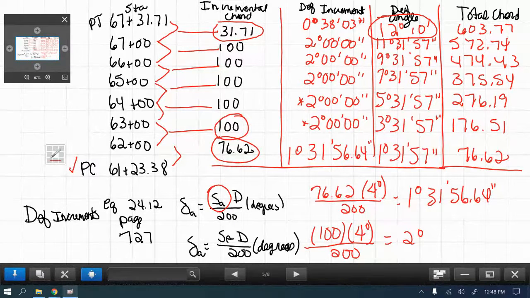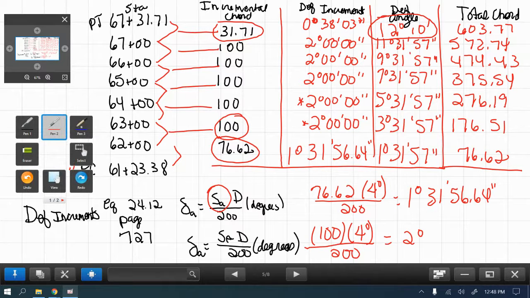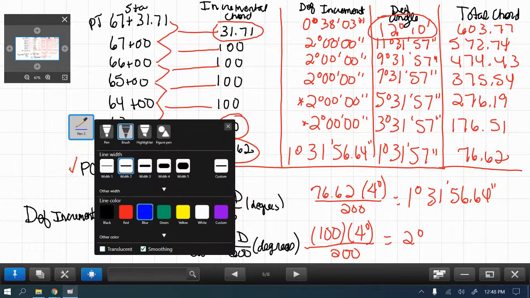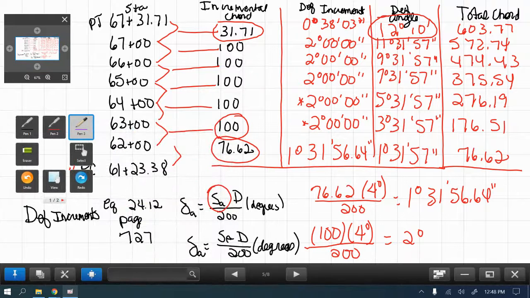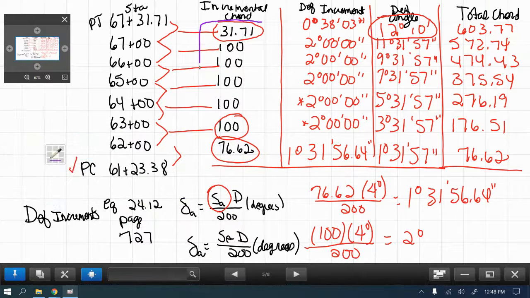Very last thing is we have to check the incremental chords, which is these.